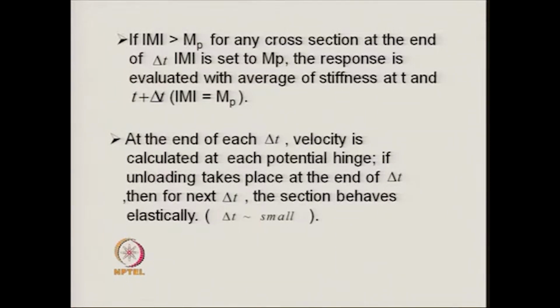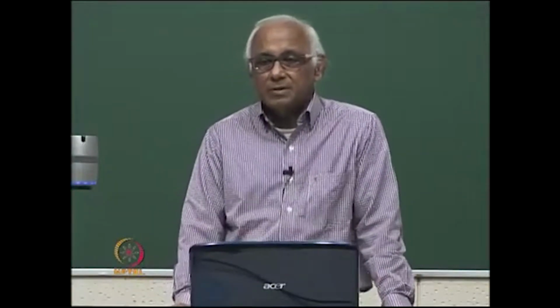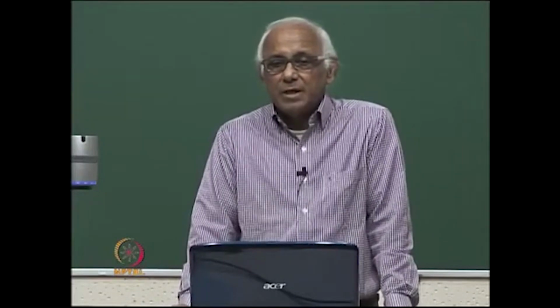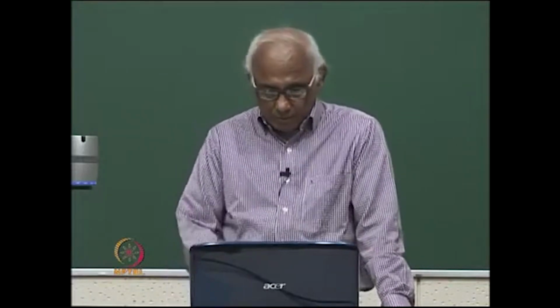Then at the end of the time interval we assume the stiffness at that particular cross section to be equal to the initial stiffness of the cross section, and with the help of that we obtain a total stiffness matrix of the entire structure, and that stiffness matrix is added to the stiffness matrix of the structure at the beginning of delta t, averaged, and with the help of that average stiffness matrix we find out the final incremental displacement of the system subjected to the incremental loading.